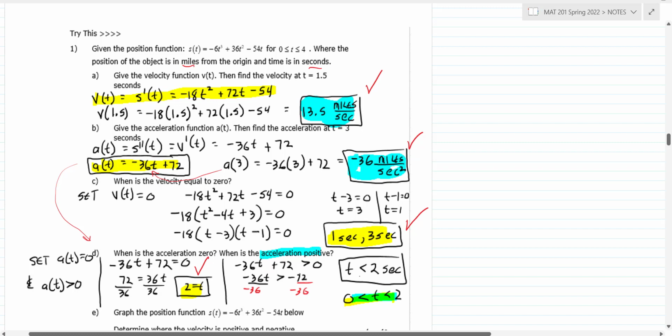That means take the acceleration, set it greater than 0, and solve this inequality. You will get t less than 2 seconds. Now, it's not going to be negative, so if I write this as an interval, I need to say between 0 and 2 seconds. So that's when your acceleration is positive.